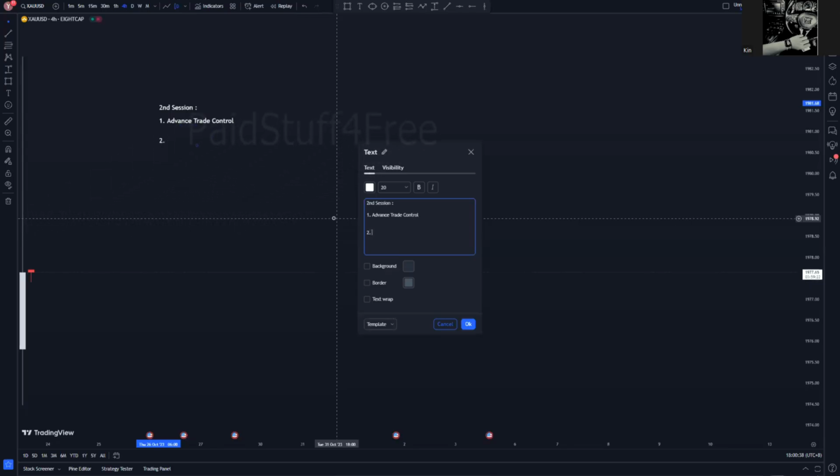The second one, we're going to learn about pullback. The third one, we're going to learn about confirmation entry.